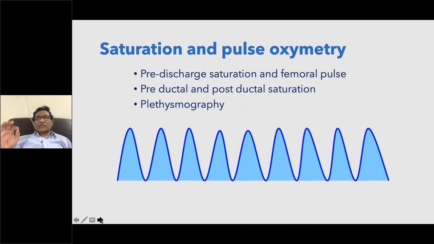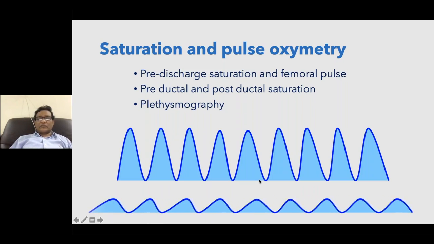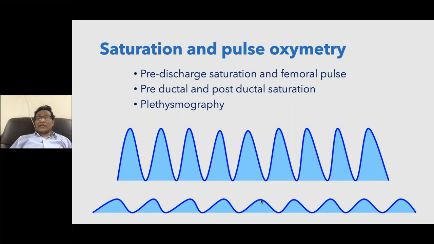A normal pulse oximetry waveform will have a plethysmography with a steep upslope and downslope like this. You can see a beautiful pulse oximeter waveform. In case of coarctation of aorta or interruption, or sometimes low cardiac output due to shock, you will have a delayed descending limb and a blunted signal.